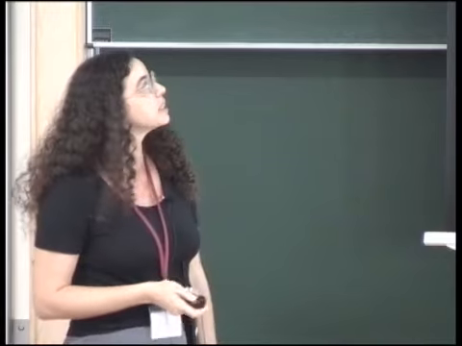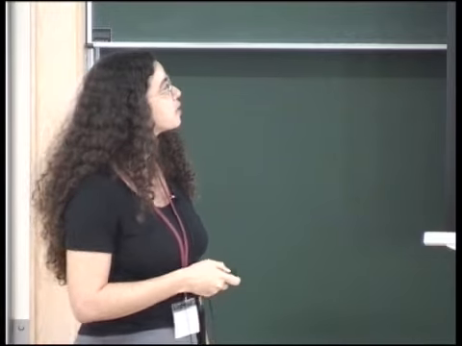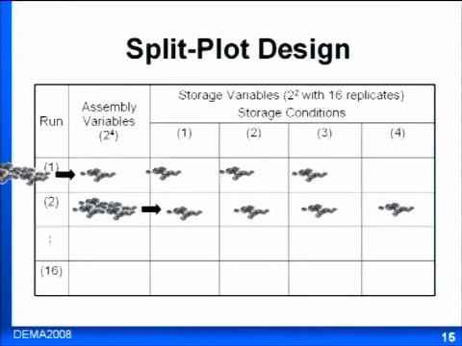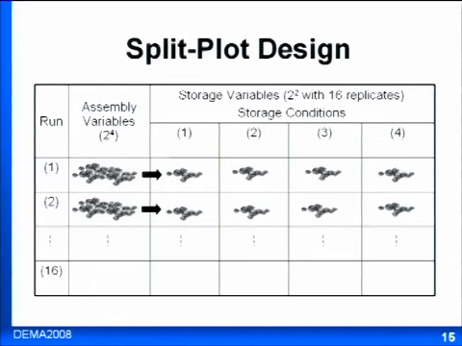So what would be the randomization pattern? First, we would produce randomly among these 16 changes of the assembly variables 1 large batch of batteries that could be split in 4 small batches. And these 4 we'd assign to each of the 4 conditions.